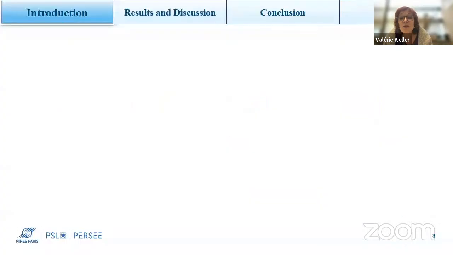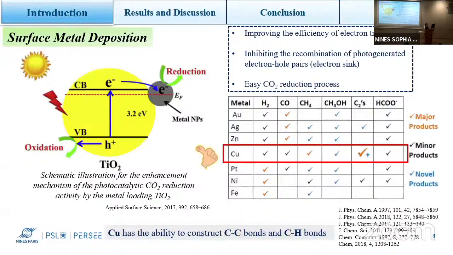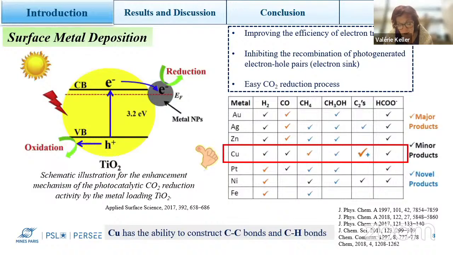Here you mentioned the advantages of metal copper used as co-catalyst, and you were not discussing the different influence or advantages of using copper oxide species. You know what I mean?